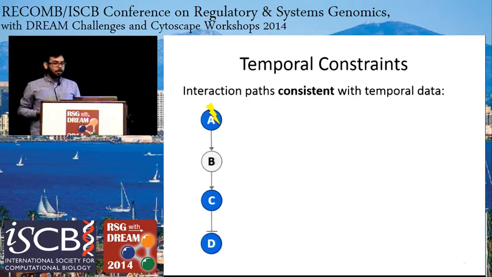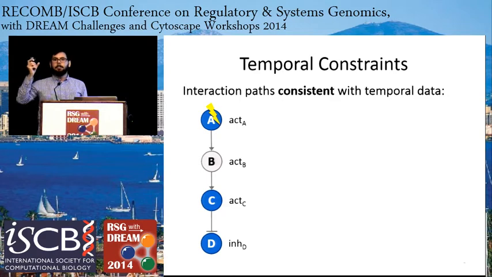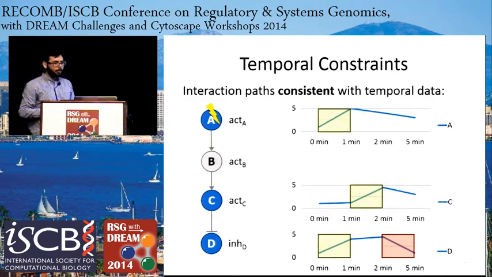Coming to temporal constraints, we assert that our interaction paths should be consistent with temporal data. What does this mean? We look for ways of annotating the nodes in our network, the proteins in our network, with timings of these activation or inhibition signals. For A, B, C, D, we'll have to find some timing such that the data can support this chain of interactions.